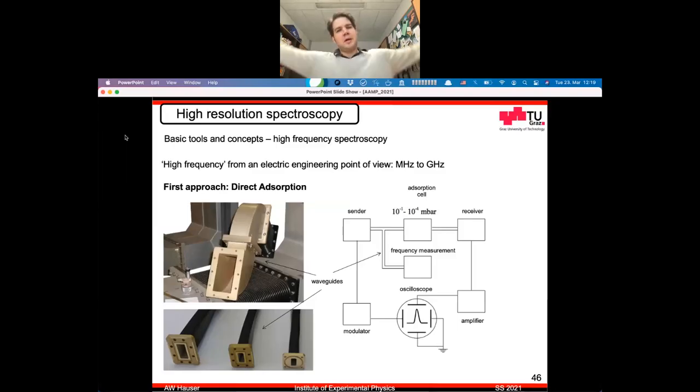All right, so today we switch into a different type of technology that's used for spectroscopy.